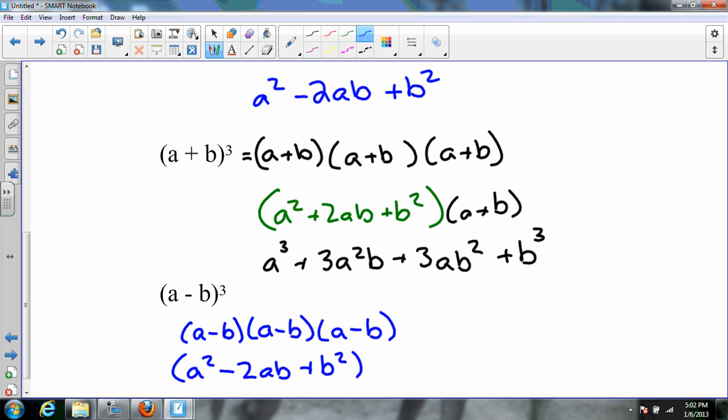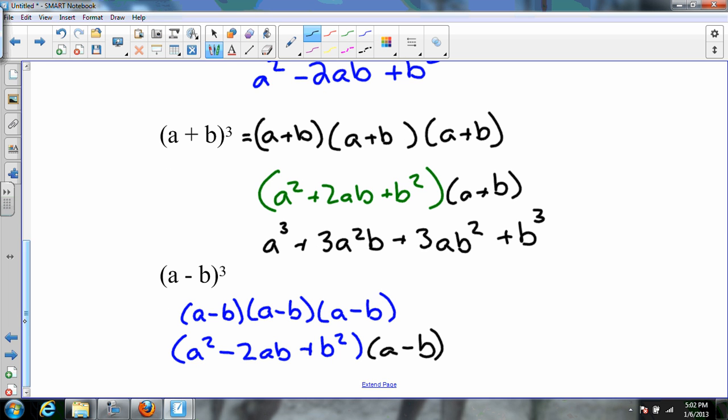And now we need to multiply this by our remaining a minus b. It's going to be very similar to the previous one. We end up getting a cubed minus 3a squared b plus 3ab squared minus b cubed.